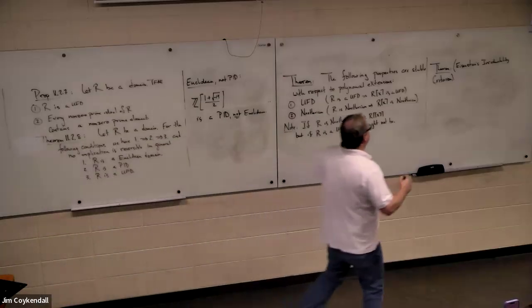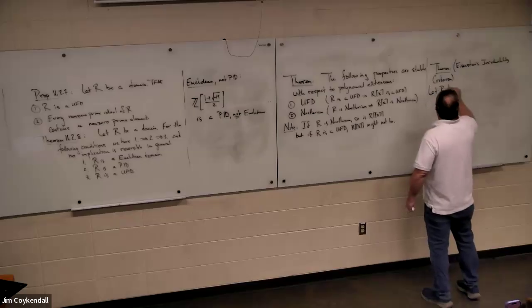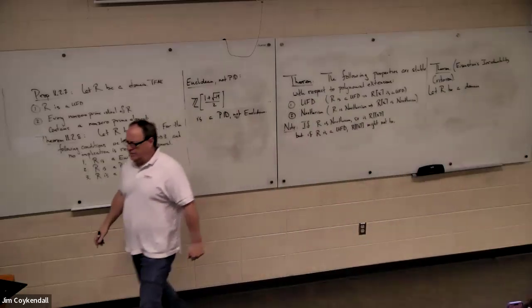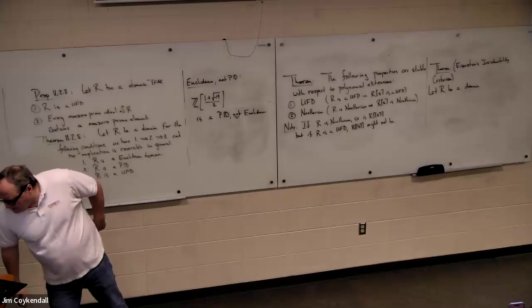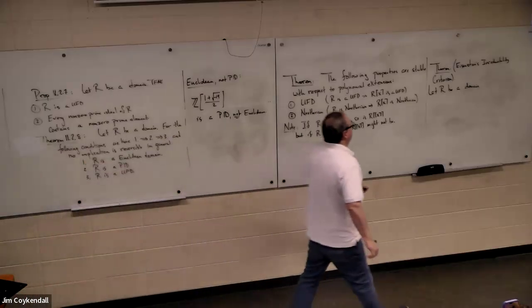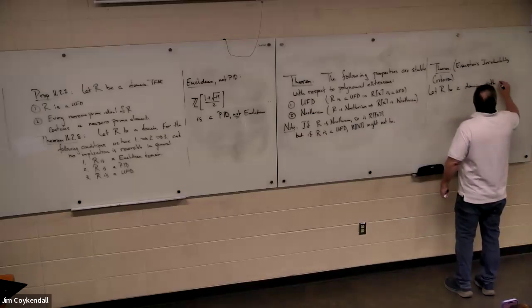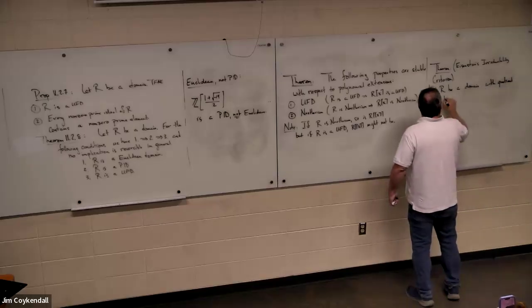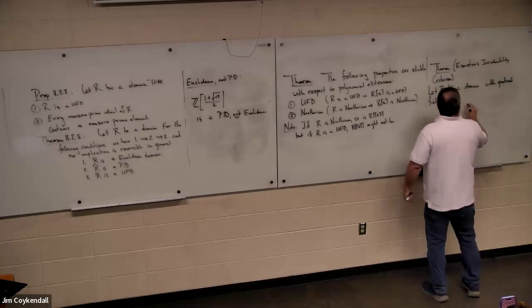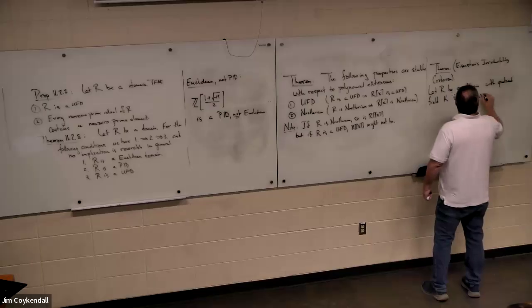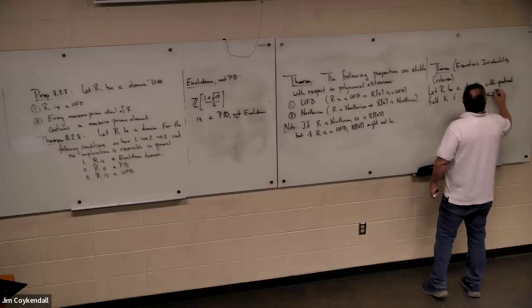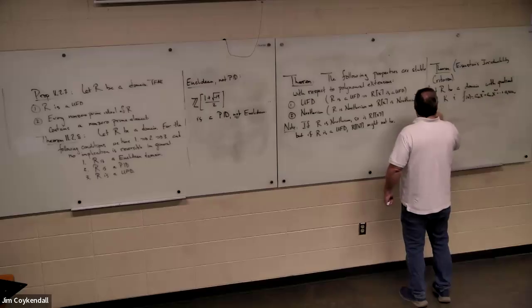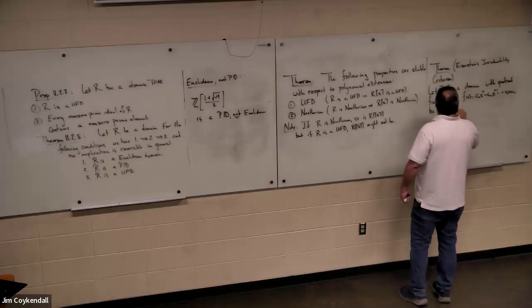Let R be an integral domain with quotient field K. And let f(x) = a_n x^n + a_(n-1) x^(n-1) + ... + a_1 x + a_0 be a polynomial in R[x].